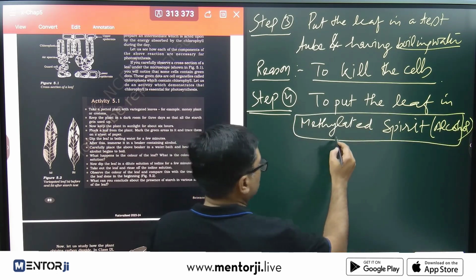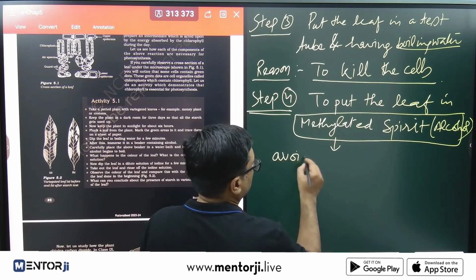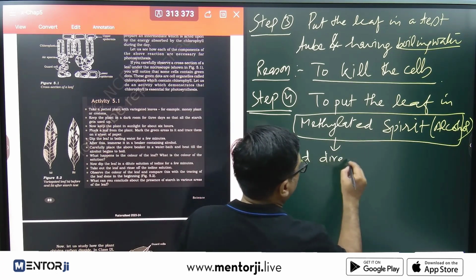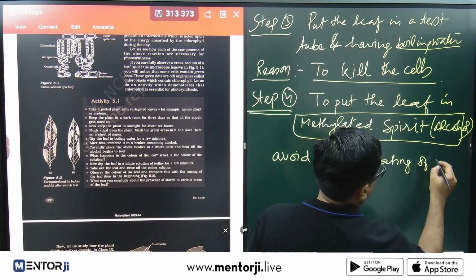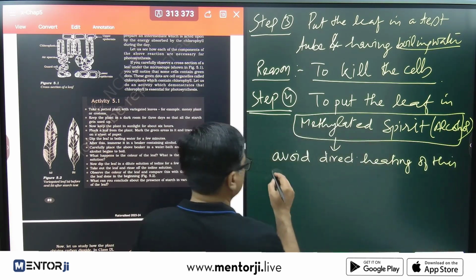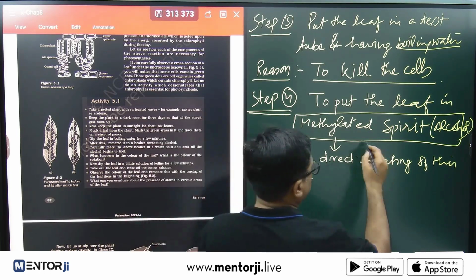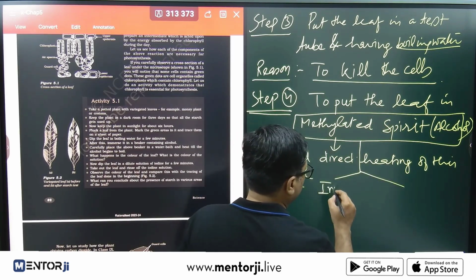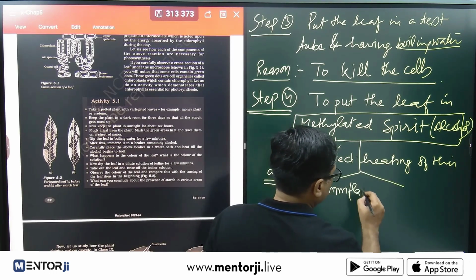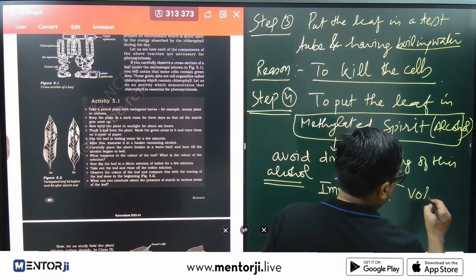But we have to avoid direct heating of this alcohol, as alcohol is highly inflammable and volatile.